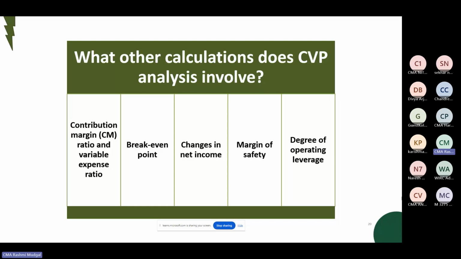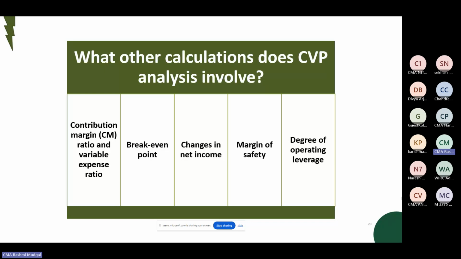Contribution minus fixed cost is my margin of safety. Degree of operating leverage is where my sales are totally dependent on profit, so if there is a little change in sales, it will affect my total income. So these were the five factors which we need to see in CVP analysis.